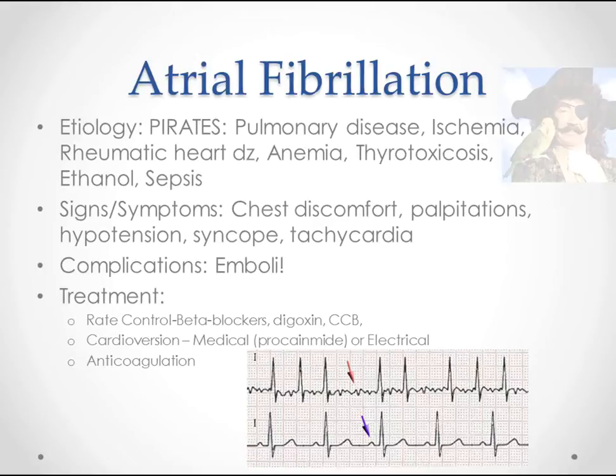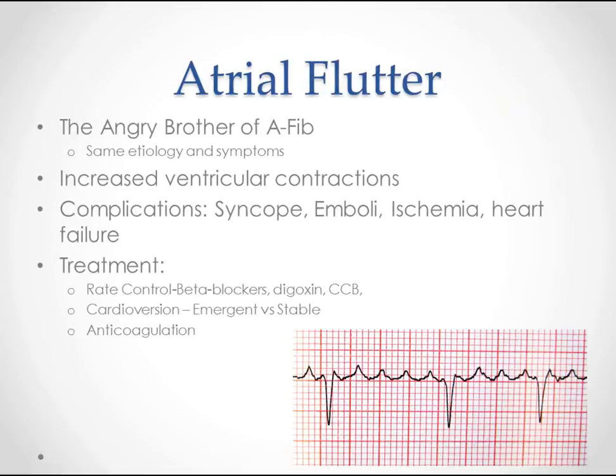Emboli, of course, because if you have this clot that's sitting in your atria and the atria has not been contracting, then we suddenly start squeezing it again, and we start squeezing these clots out, and they go to your heart, or they go to your lungs, or your brain. Of course, they could go anywhere else too, but those are the areas that'll kill you the fastest.